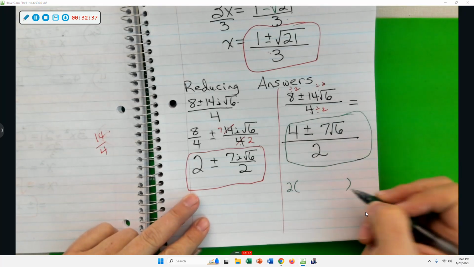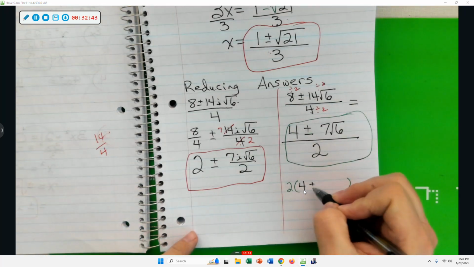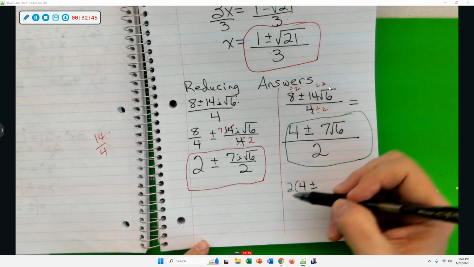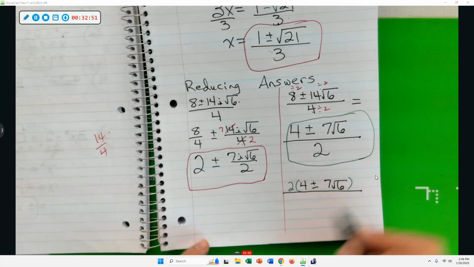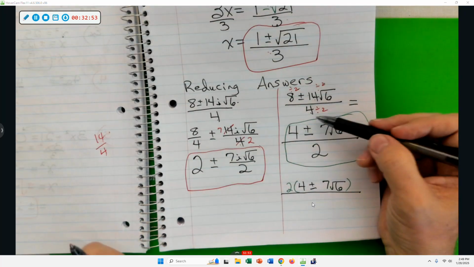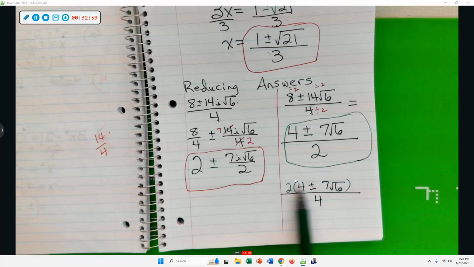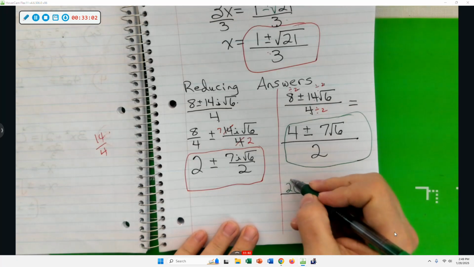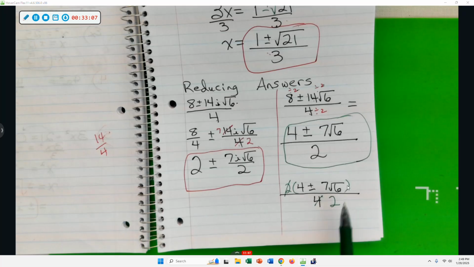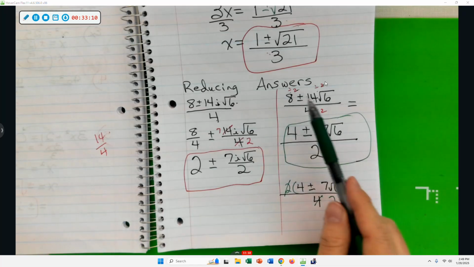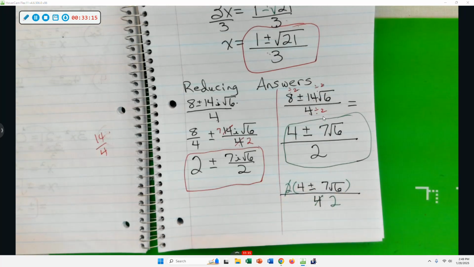I'm going to factor out a 2. 8 divided by 2 is 4, plus or minus 14 divided by 2 is 7 square roots of 6, all over the 4 there. And then, because you've written a product, you can say 2 goes into 4 2 times. I don't think I'll be showing this step each time. I'll figure out what's the common factor, and then you divide those 3 numbers by that same common factor.